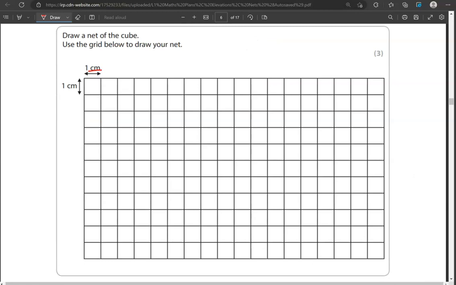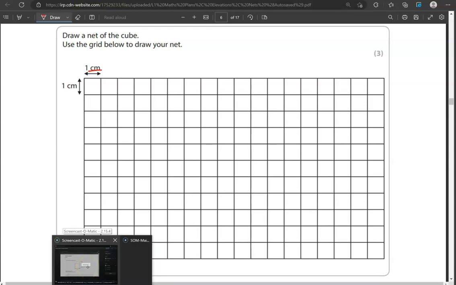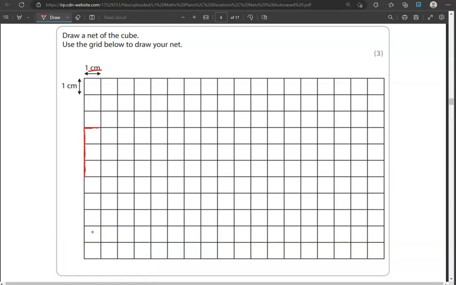So I'm going to start right in the middle. So 1, 2, 3. 1, 2, 3. So that would be one of the faces. I'm going to do 4 next to each other.